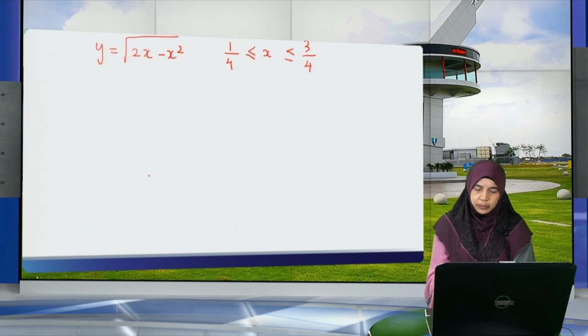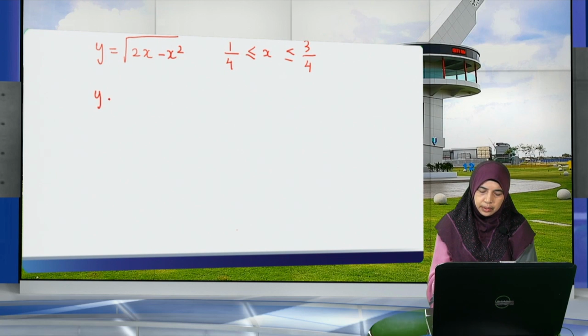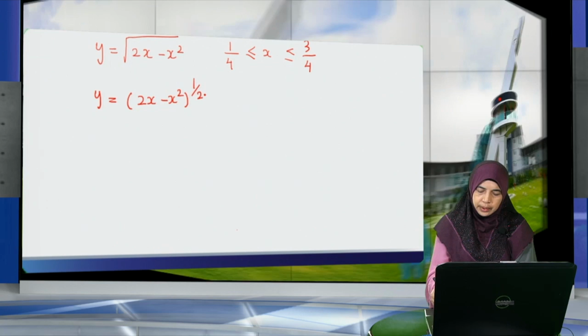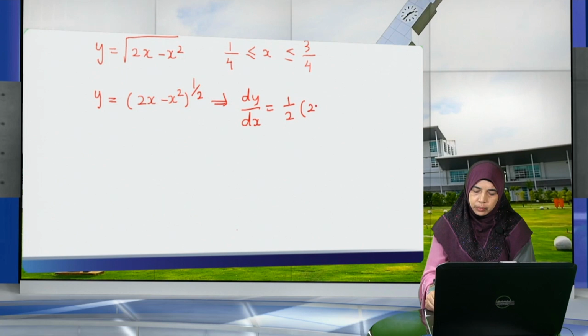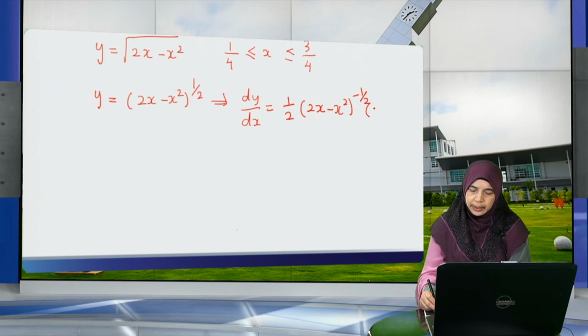Okay, so what we will do is find dy/dx first. First we rewrite this as (2x minus x squared) to the power of half, so that we can find the derivative. dy/dx will be half, which is the power rule, times (2x minus x squared), and we need to reduce the power by 1, and remember to differentiate again the one in the bracket, which is 2 minus 2x.